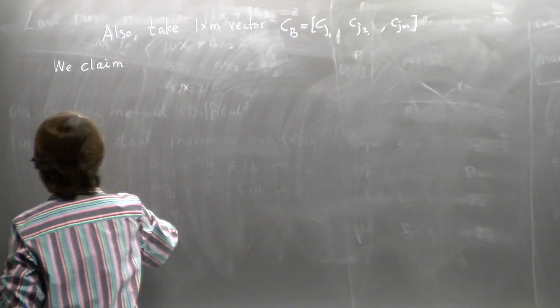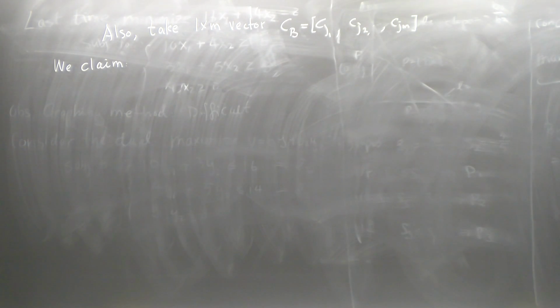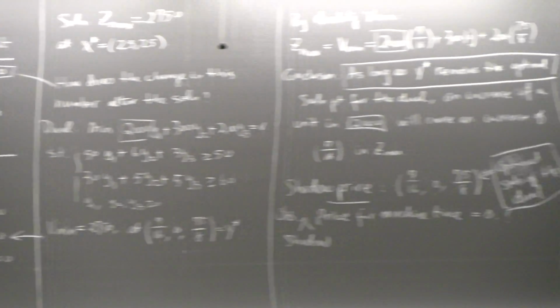Once the A matrix, the initial tableau, is given, and once you know who shall be the basic variables in the final tableau, then all these A star, B star, C star, Z star are actually determined by the initial tableau in the following way.